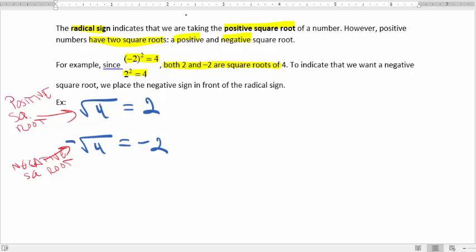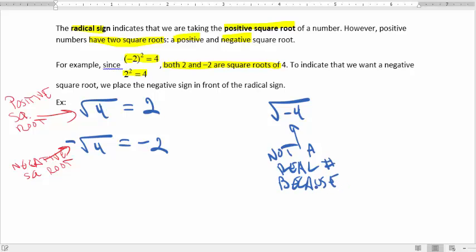The other thing to keep in mind, which I don't mention here, is that the square root of negative 4 is not a real number, because any number times itself will not give you a negative.